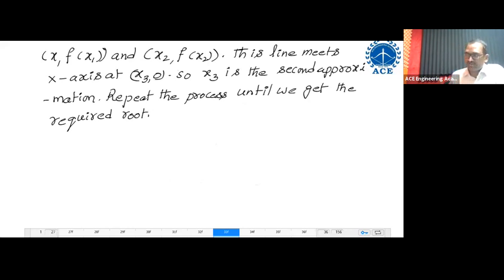See, the way we found the equation of the straight line in the regular falsi method, in the same manner we can find the equation of the straight line in this method also.